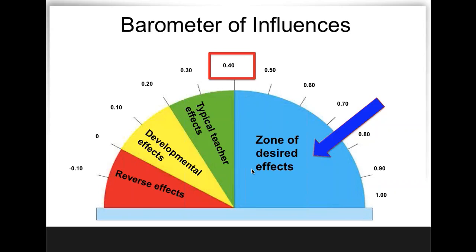What he calls typical teacher effects, it's not a critique. His compliment is that almost 95% of everything he found actually impacts student achievement in a positive way. And some things aren't designed to affect achievement that way, so it's really a compliment to teachers. But anything less than 0.4 is less than average. So we need to be searching for things that are above that 0.4 into what he calls the zone of desired effects.